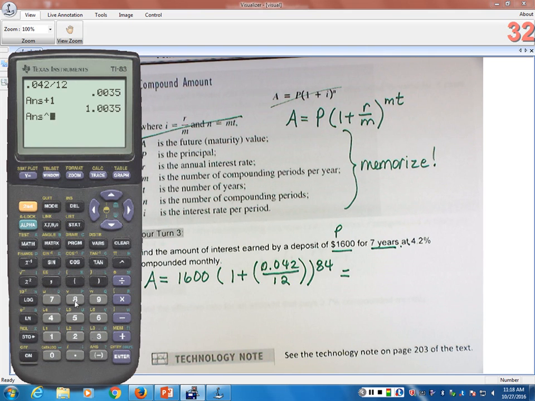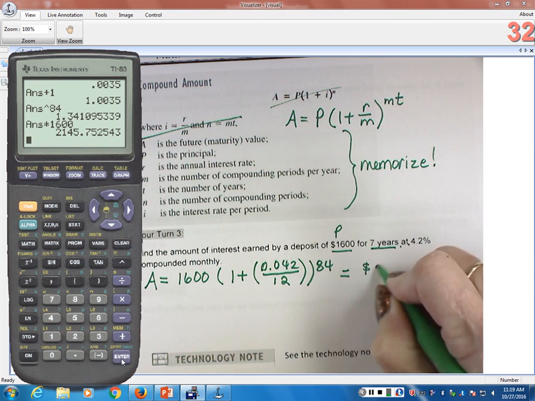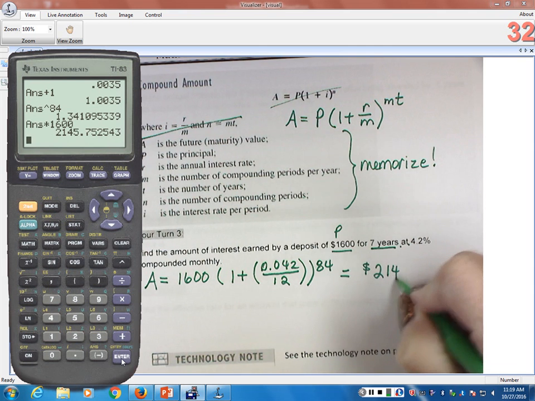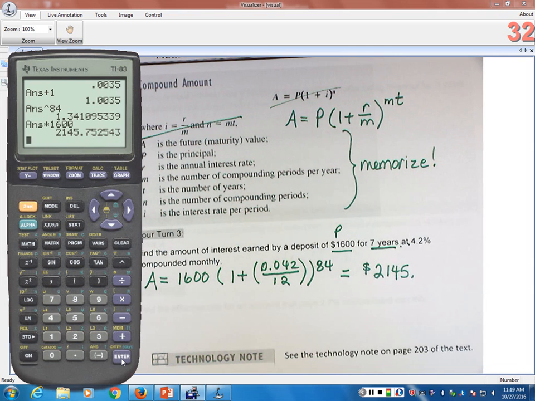Raised to the power of 84. And then times 1,600. So the future value is $2,145 and 75 cents.